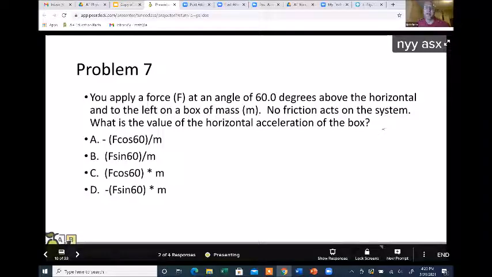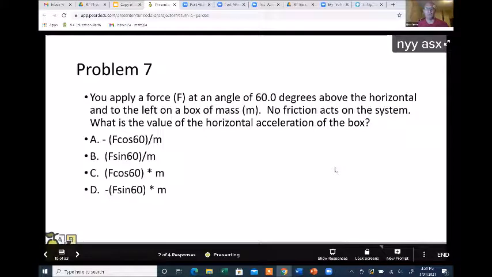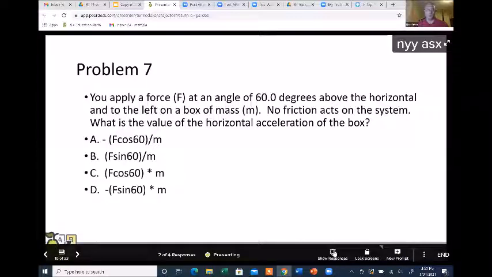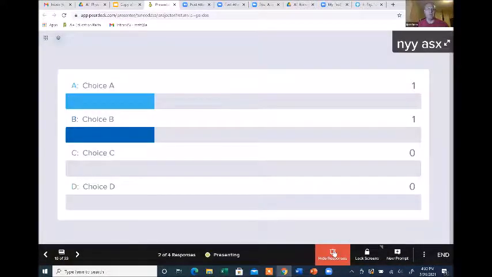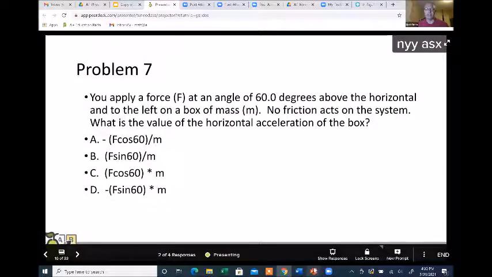Let's take about another minute to finish this one up. All right, so we've got an even split here between A and B. So let's go back to our PowerPoint and let's see what's going on here.